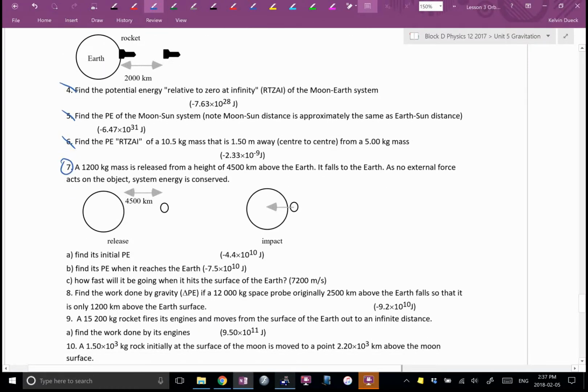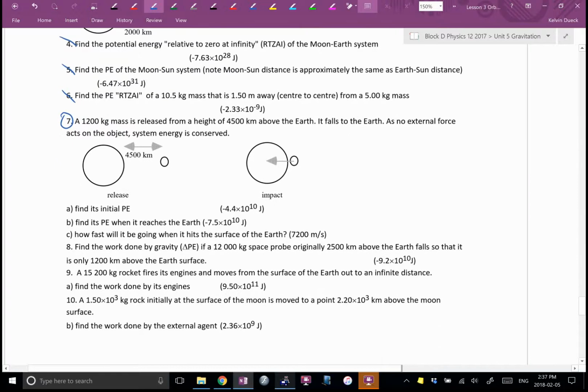Seven is good. Eight is good. Sorry, 9. I circled 9, not 8. 9 is good. Spencer, number 9.